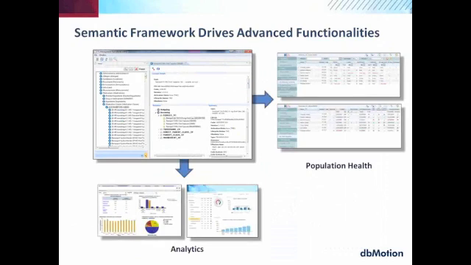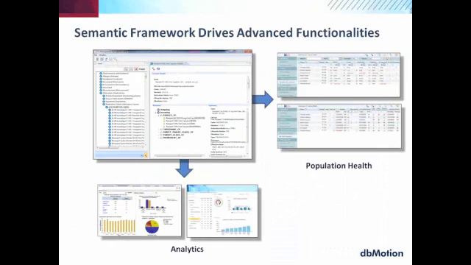Other advanced functionalities that I mentioned, like population health, now knowing that this particular drug, ramipril, is a quality indicator for people with diabetes or patients with congestive heart failure, to make sure that that shows up on those lists of populations as a patient being on that drug or not on that particular drug class.